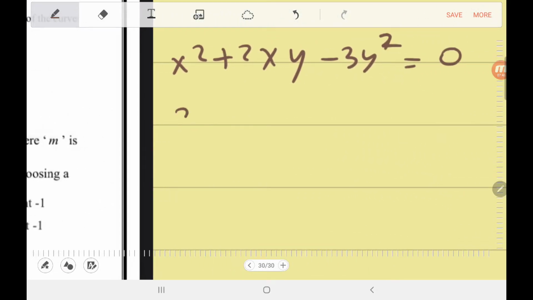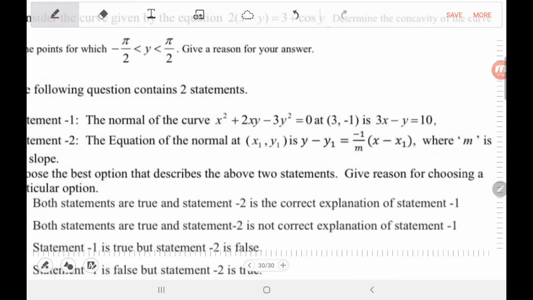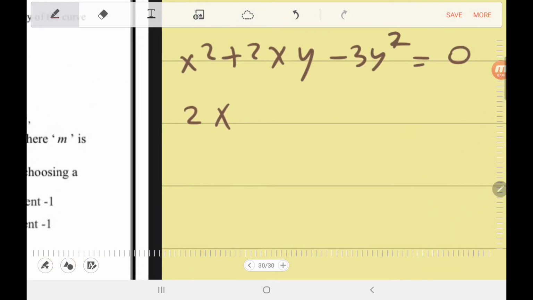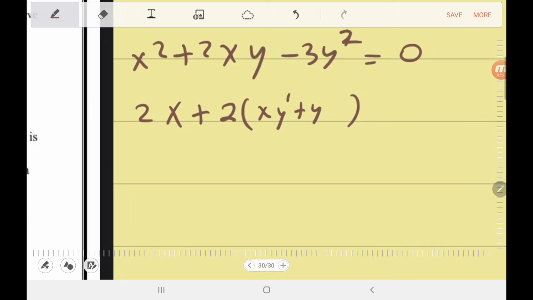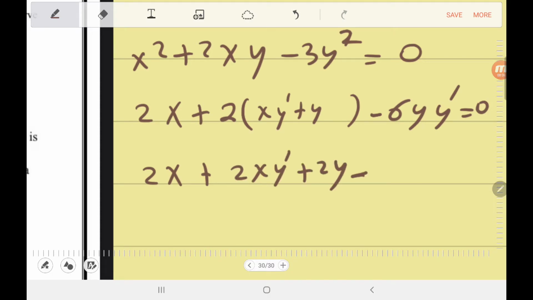It's going to be 2x plus 2 bracket, first with the second, product rule, plus second with the first, plus y, minus 6y y prime equals 0. So 2x plus 2x y prime plus 2y minus 6y y prime equals 0.